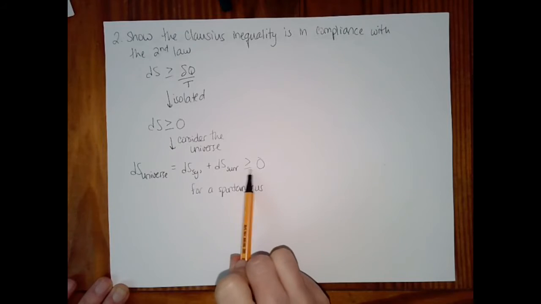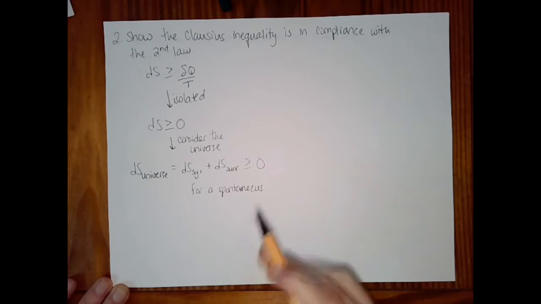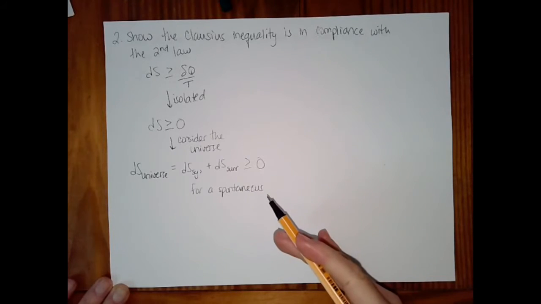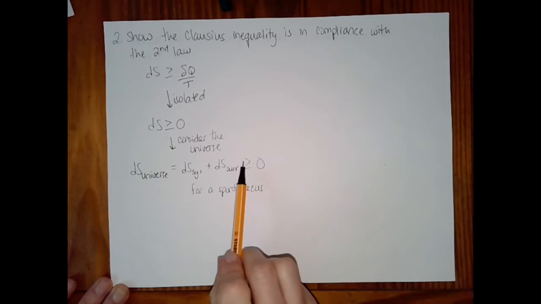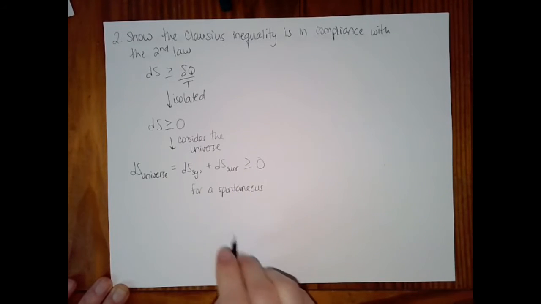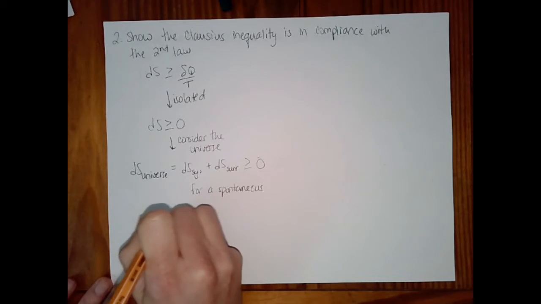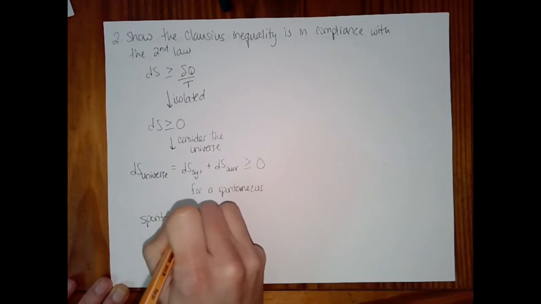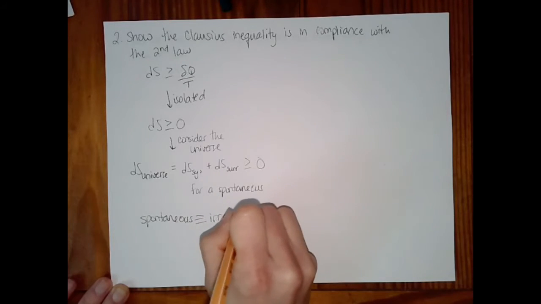Because recall, the equal part is for reversible and the unequal part is for irreversible. But then also, we've now conflated the terms spontaneous and irreversible. Because this inequality refers to irreversible processes, what I hope you're coming to is that spontaneous processes are irreversible.